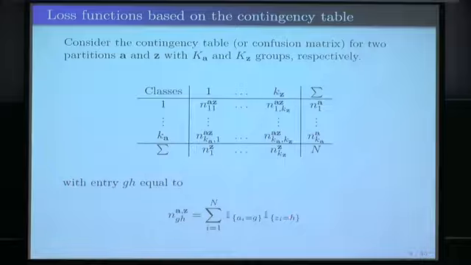So that's what the entries tell us. And the row sums give us the marginal counts of the elements in partition Z, set to class 1, up to the elements in partition Z set to class kz. And there's capital N of them in total.